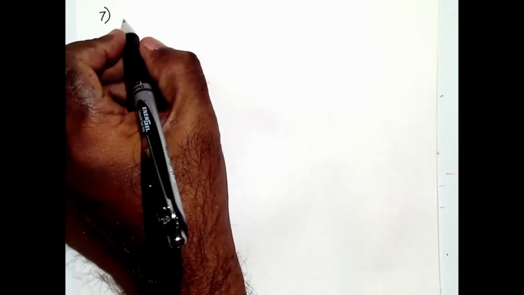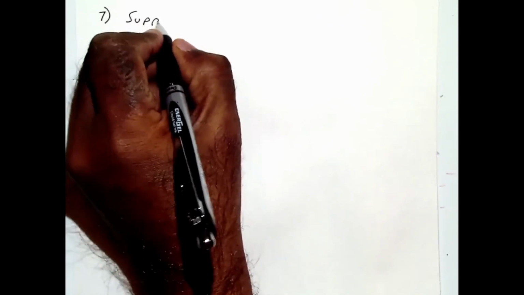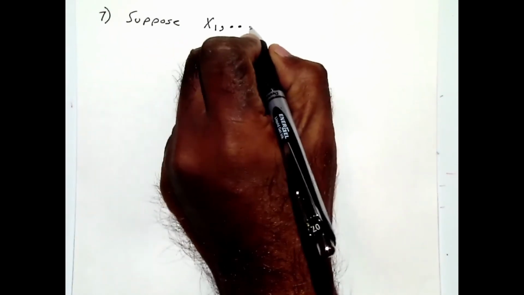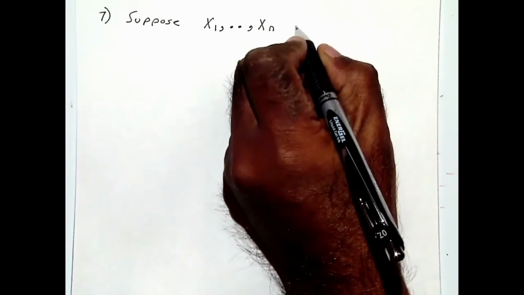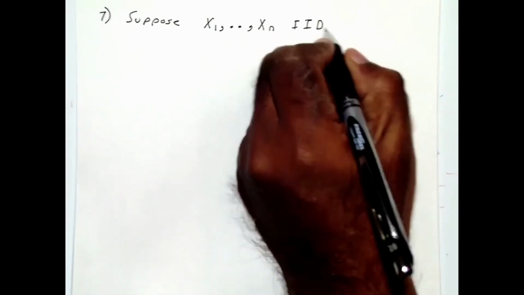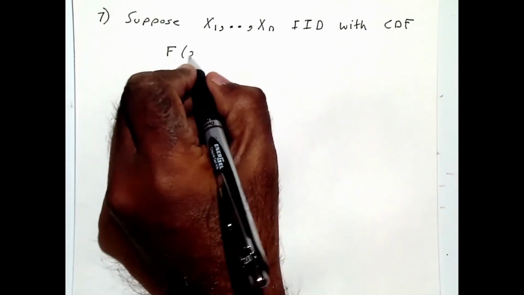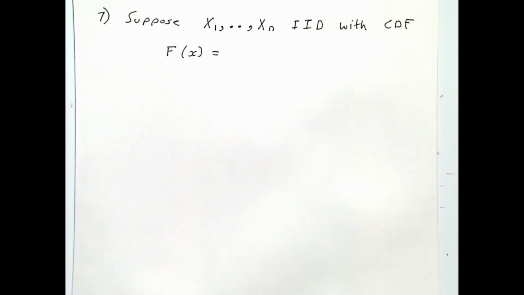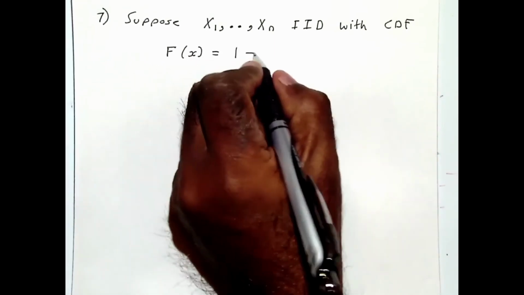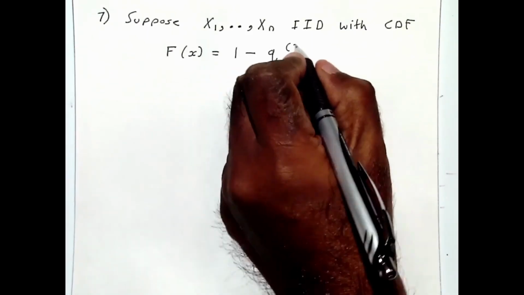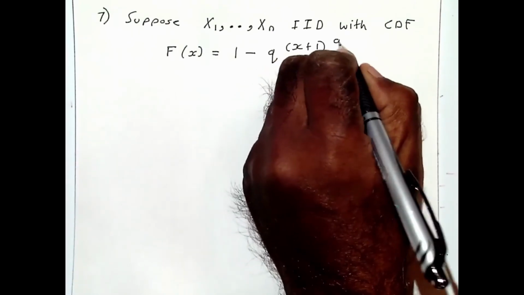So this is question 7. You're given a random sample, IID, with CDF given by this: one minus q to the power x plus 1, to the power a, right?